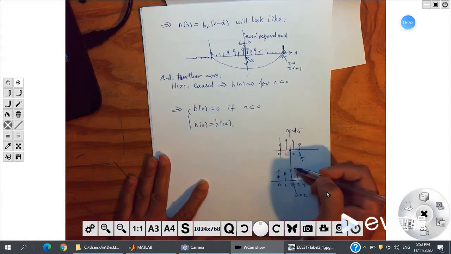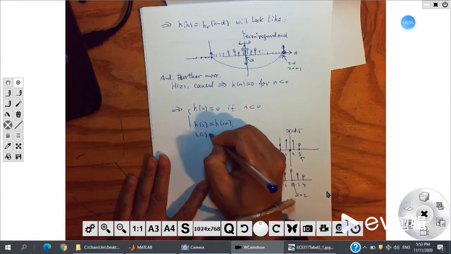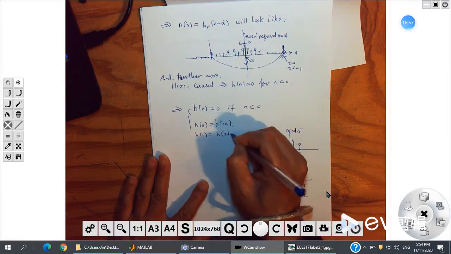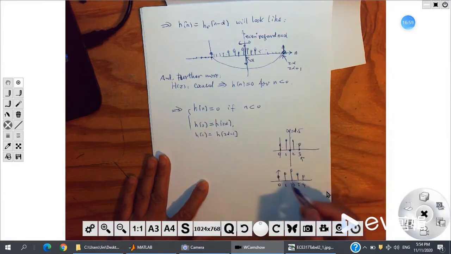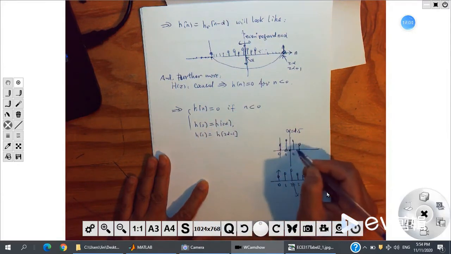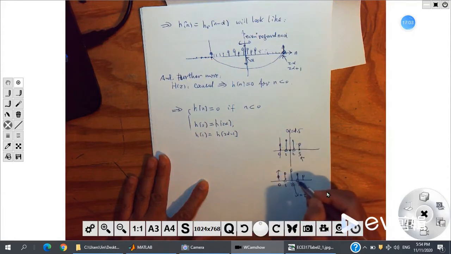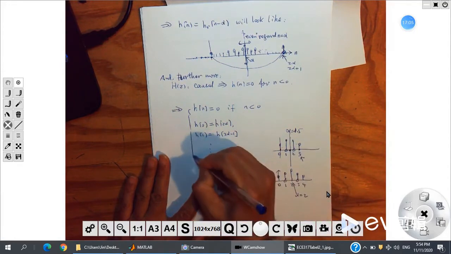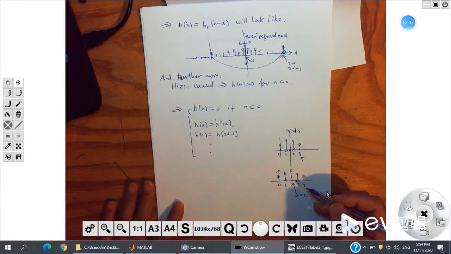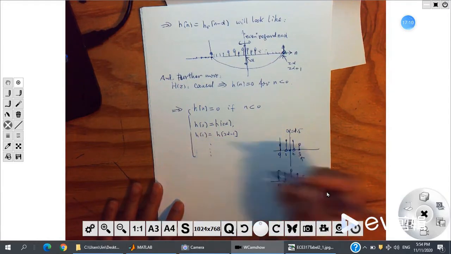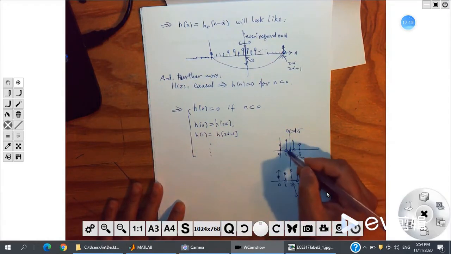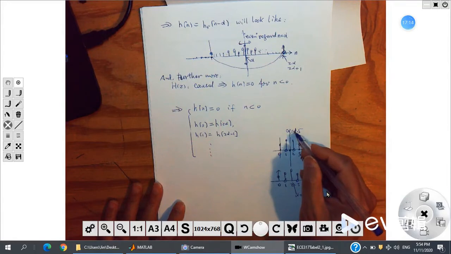The h of 1 will equal to h of 2 alpha minus 1. Right? Yes, this point and this point, or this point and this point, and so on, until the integer is just smaller than alpha, maybe equal to alpha.